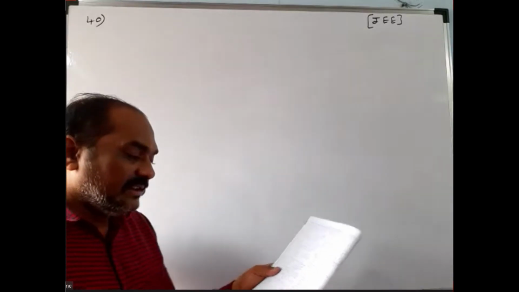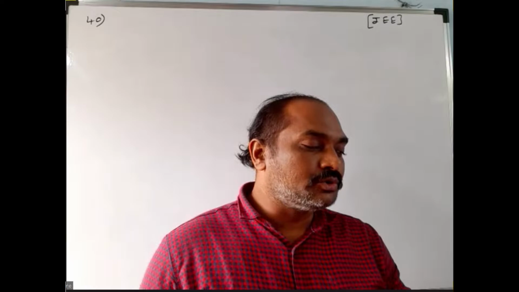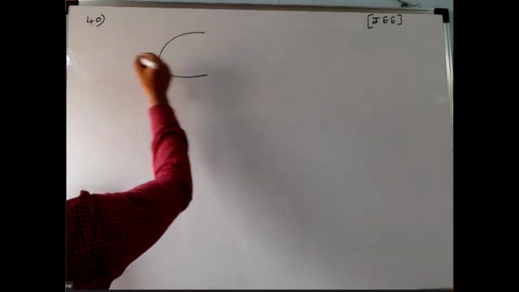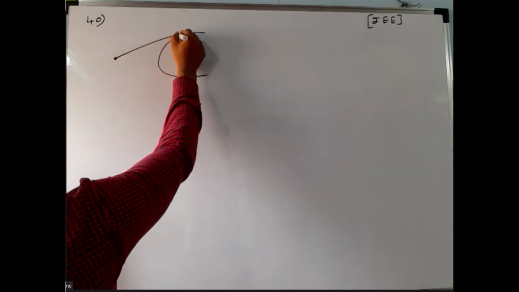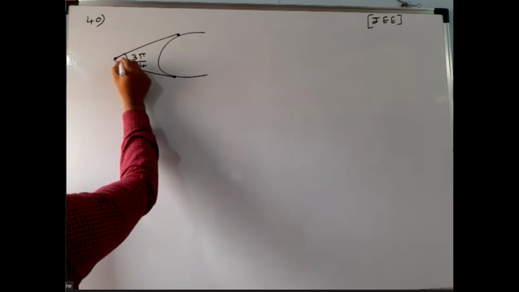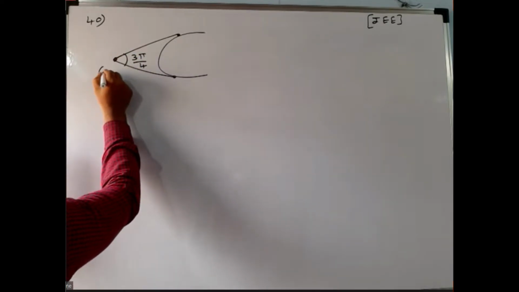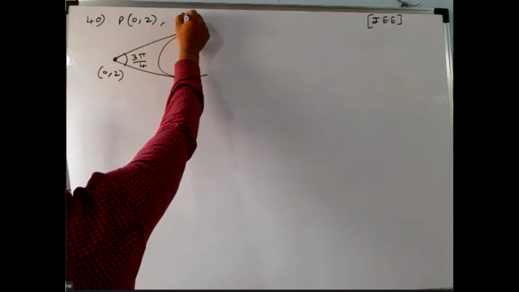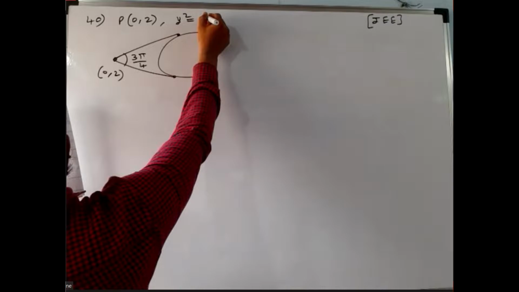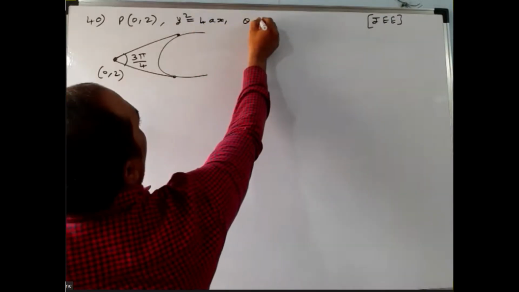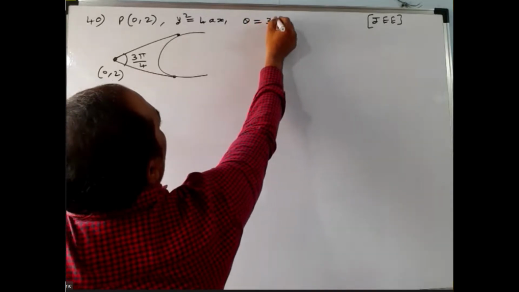Students, the tangents from 0, comma 2 to the parabola y square is equal to ax, at angle theta is equal to 3 pi by 4.